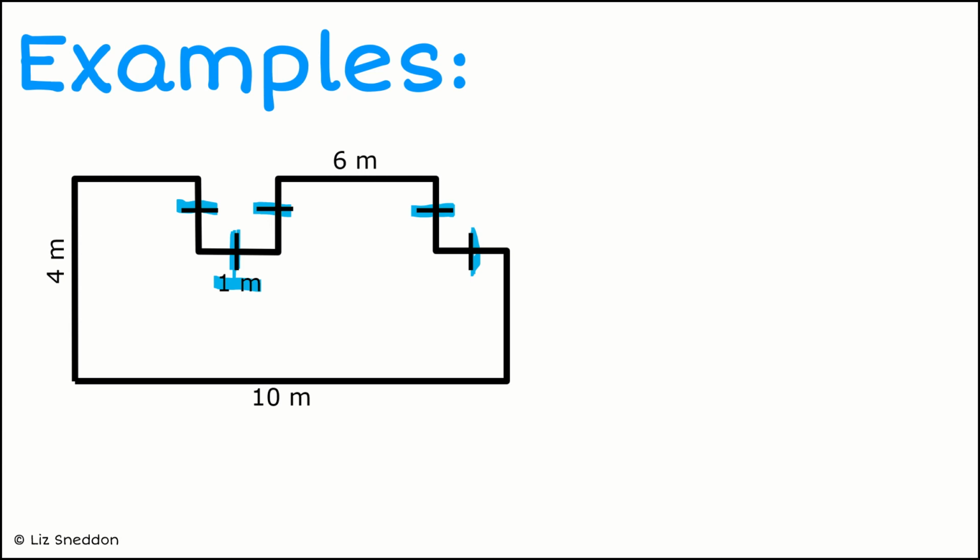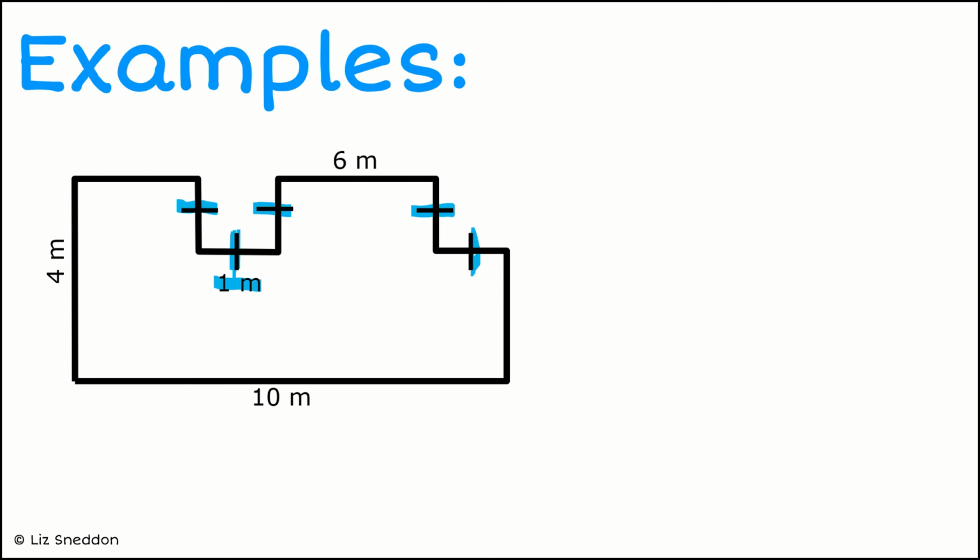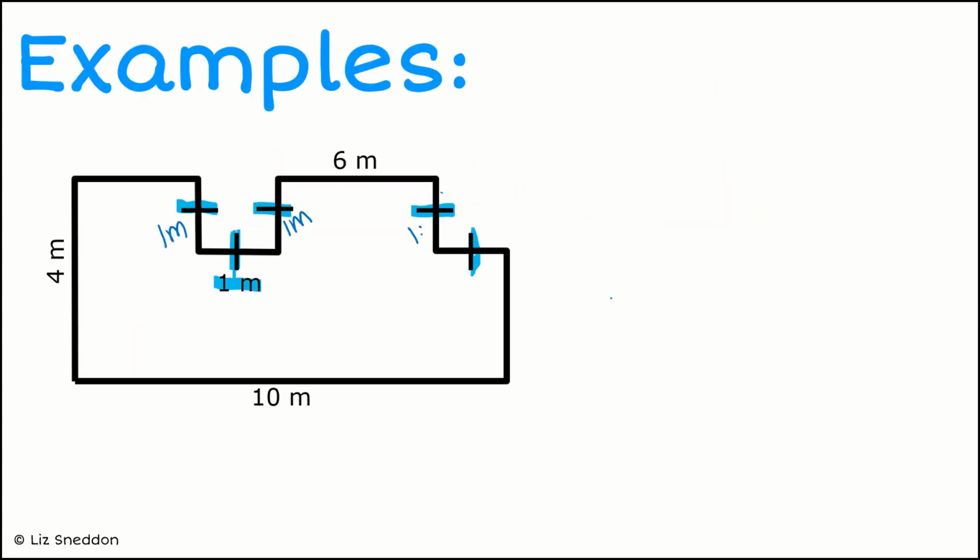One of them is side length 1 meter. So I can put onto the other sides that have that same dash on them: this is 1 meter, this side's 1 meter, this side is 1 meter, and this side is 1 meter. So I've got all of those.